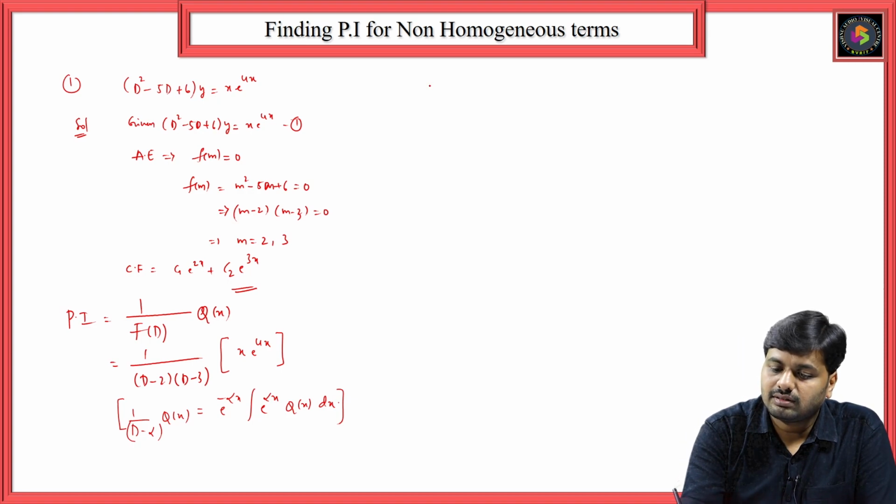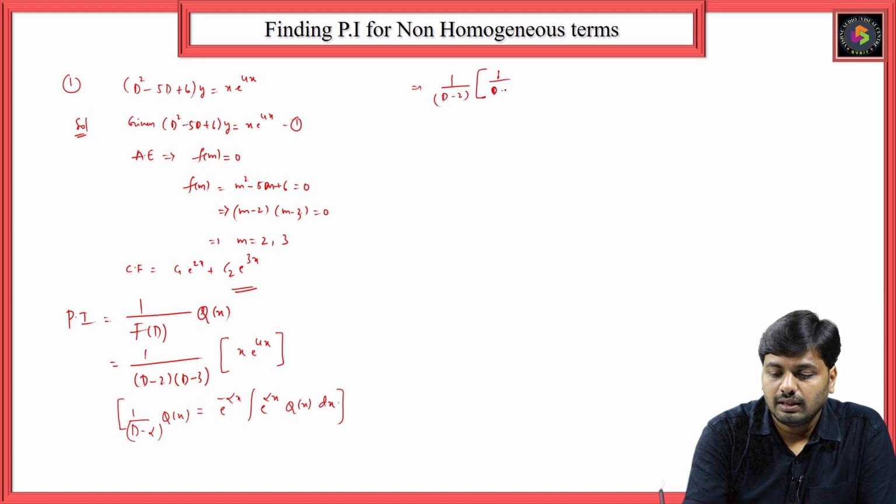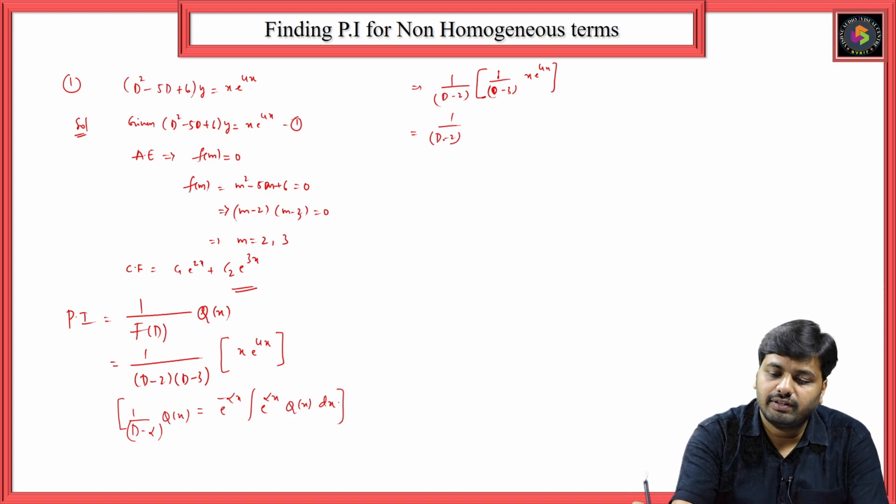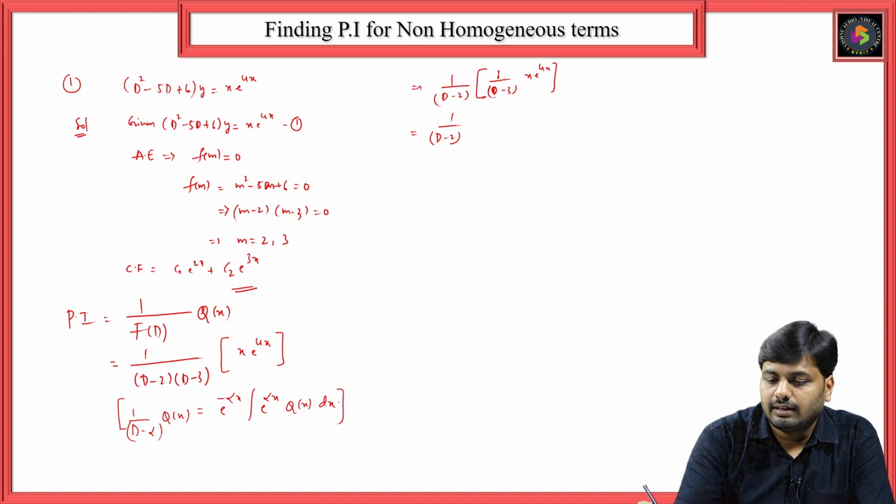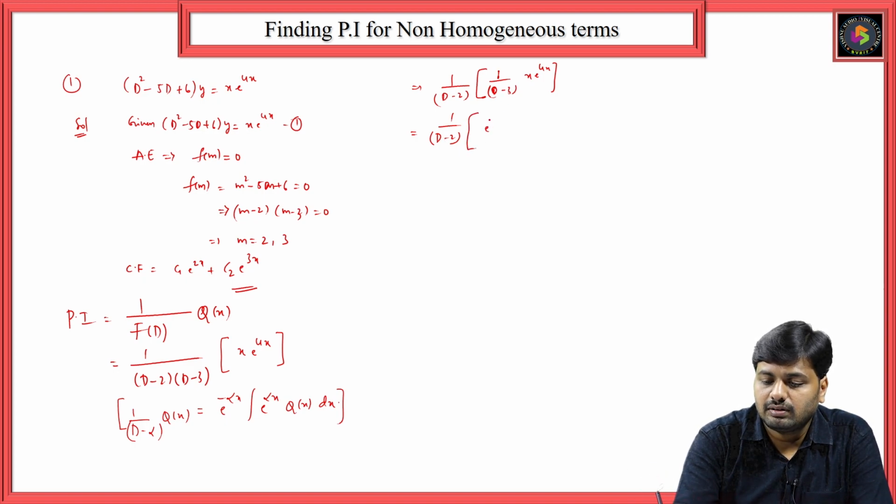We'll write this as 1 by (D minus 2) into 1 by (D minus 3) into x into e power 4x. So I can write 1 by (D minus 2) as it is, because we apply the latter first. First we'll finish this part, then we'll apply the latter. Now in place of alpha we have 3: e power 3x integration of e power minus 3x into x into e power 4x dx.